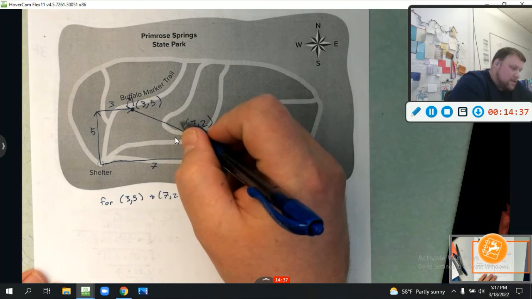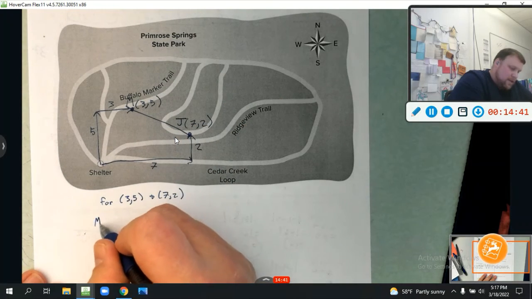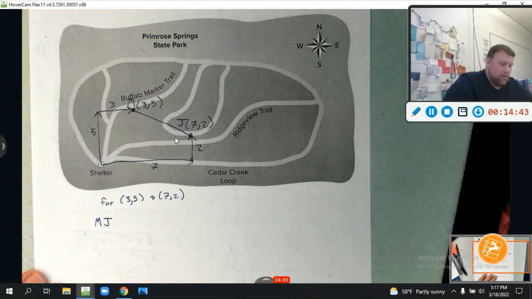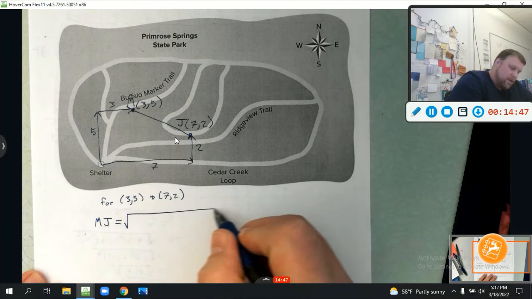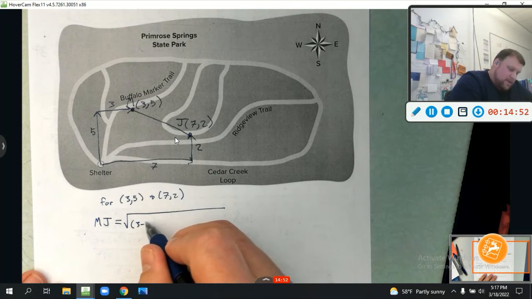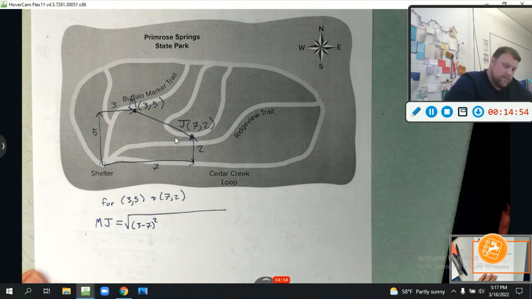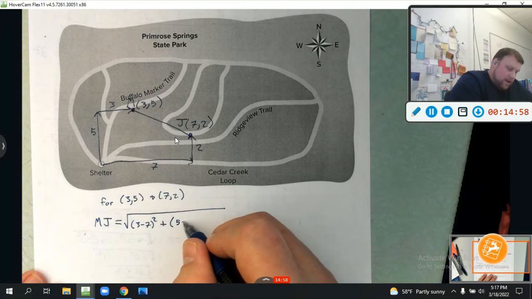So the distance from M to J, or MJ, is equal to the square root of the difference, or subtraction, of our x values, so 3 minus 7 squared, plus the difference in our y values, 5 minus 2 squared.